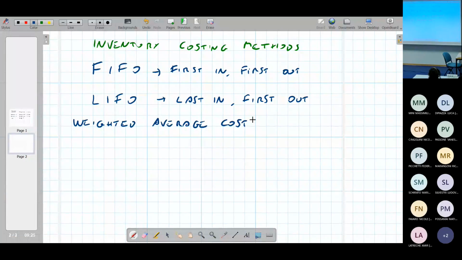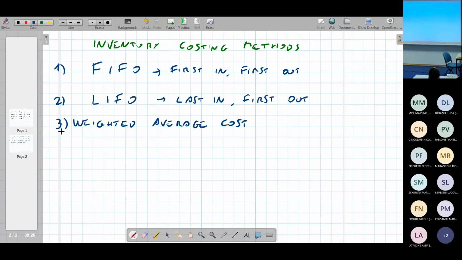So those are three methods. The weighted average cost calculates the average, but it is weighted by the quantities, as we'll see. I repeat, there may be others, but those are typically the ones allowed by accounting standards. Not even all of them are allowed by all the accounting standards, as we'll learn. But those are by far the most common.